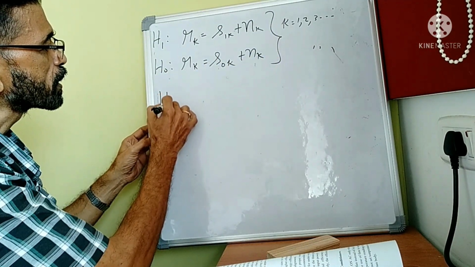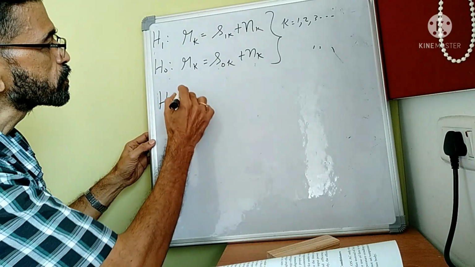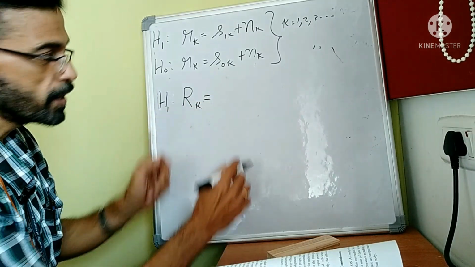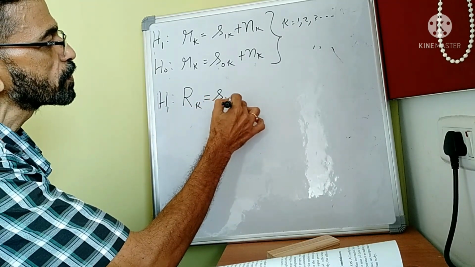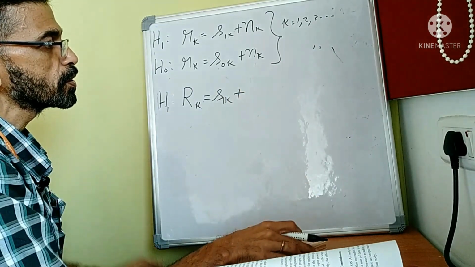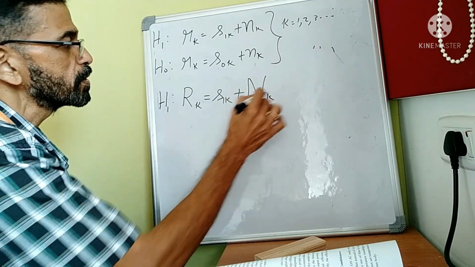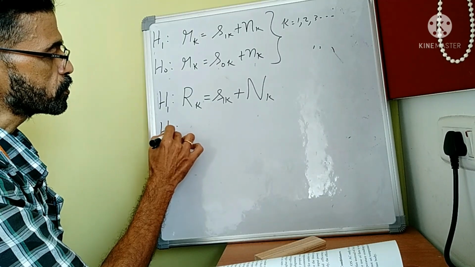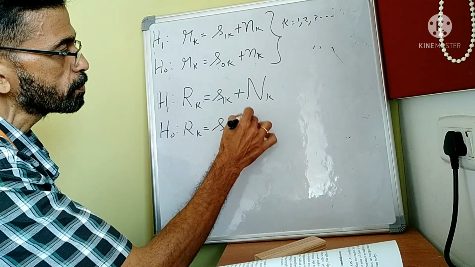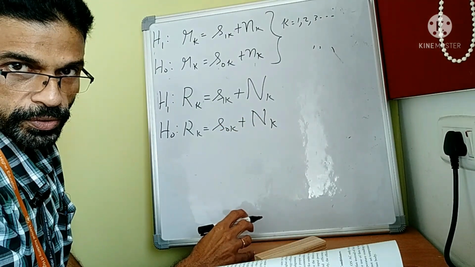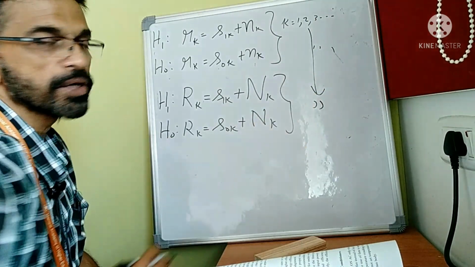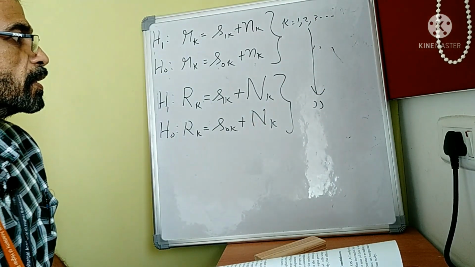Now in general we can write, when H1 is the true hypothesis, the received random variable is Rk equal to S1k plus the noise random variable, and when H0 is the true hypothesis, Rk is equal to S0k plus the noise random variable, again for k equals 1, 2, 3, etc. up to n.